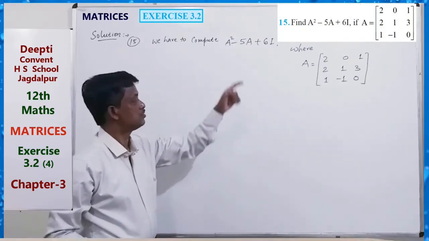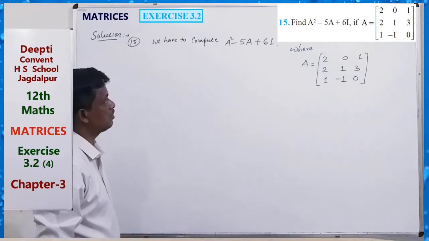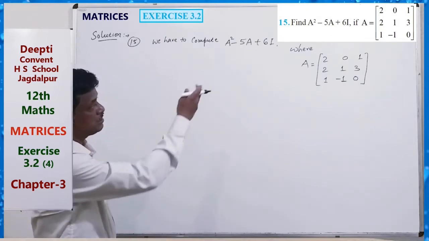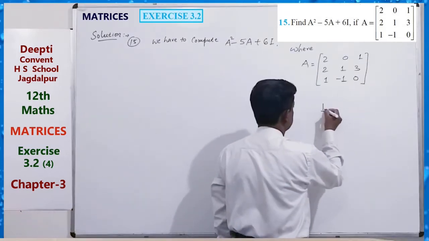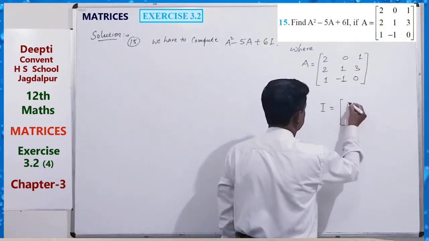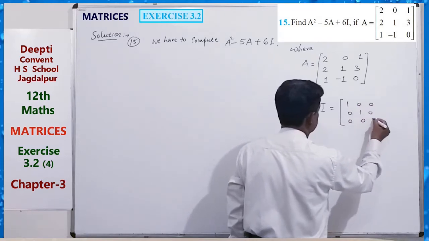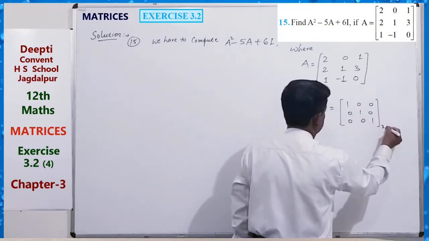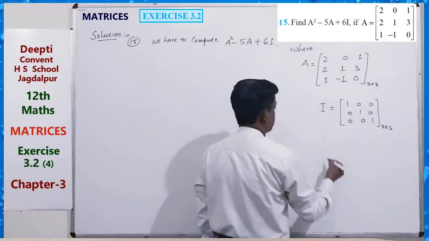To define it, we will take I as 3 by 3. So first of all we require A, and I will be like this, 3 by 3, and we require A square.